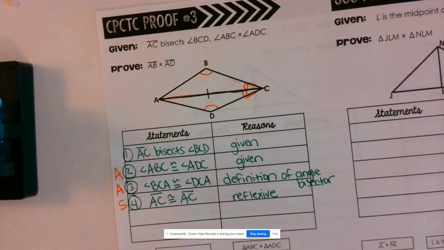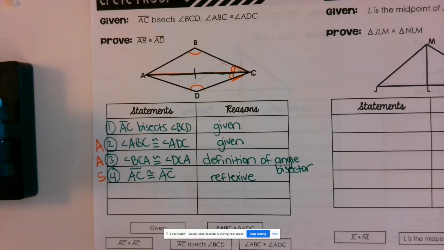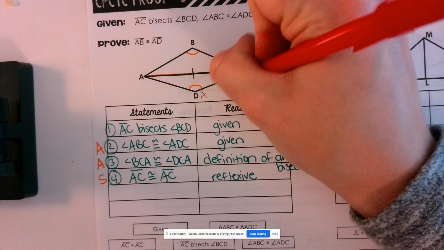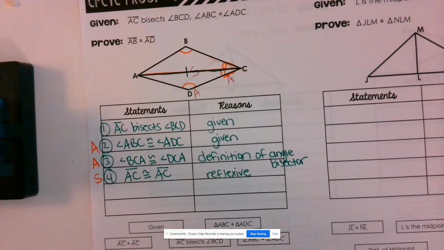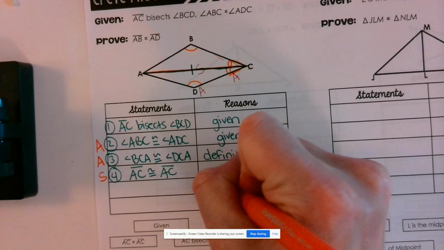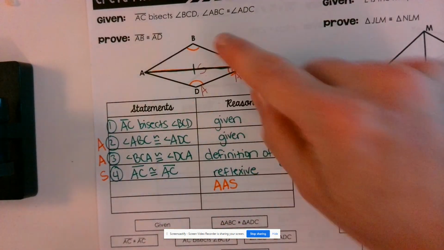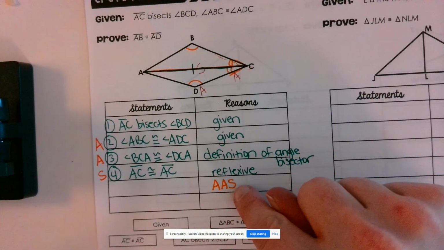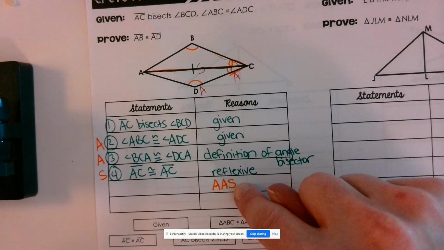I now have enough information to be able to prove these two triangles are congruent. By looking in the picture, I see that I have an angle, side congruence theorem. So these two triangles are congruent to each other because of the angle, side theorem.